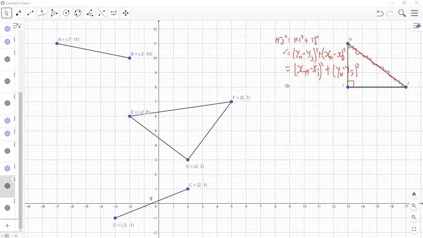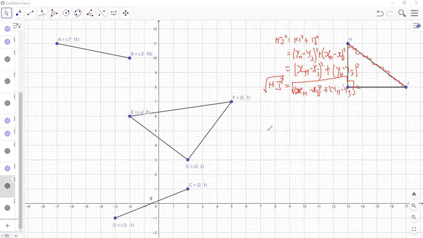Because that is HJ squared, if I want HJ now, I'm going to have to take square roots on both sides. So we ended up with something like this: the square root of xH minus xJ all squared plus yH minus yJ all squared.